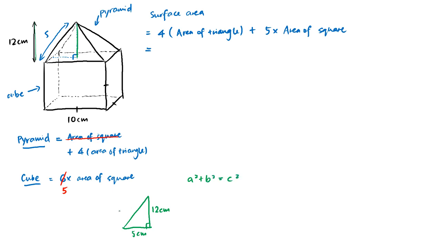c square 是用在 c 是用在 hypotenuse 的，或者是斜那个斜的长度。OK，so this is your slant height. So this is c. Now a which is 5 square plus 12 square equals to c square.